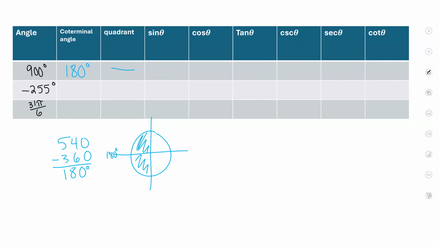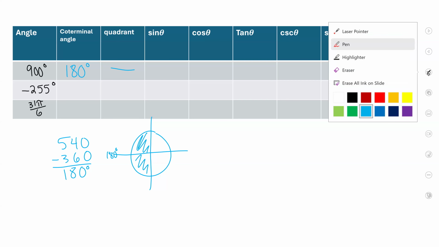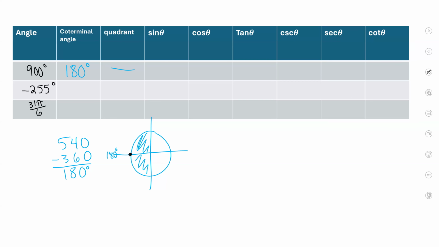It's on the x-axis. Okay? So the point right here, we just did this. That is at negative 1, 0. So your sine of theta is 0. Cosine is negative 1. Tangent is 0. Cosecant, it did not exist. This was negative 1, and cotangent also did not exist.